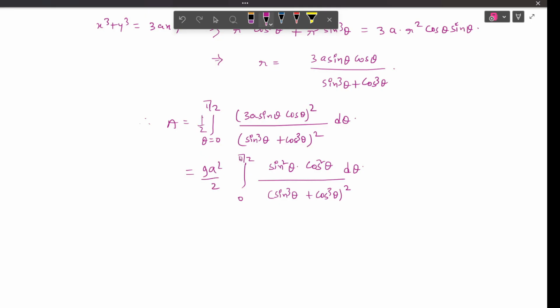Now we can write this as 9a square by 2 integration 0 to pi by 2 tan square theta, and if we divide by cos cube theta.